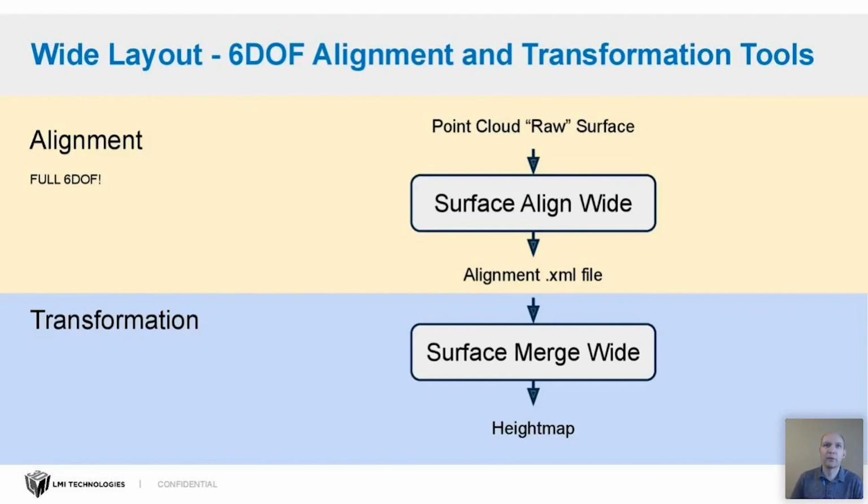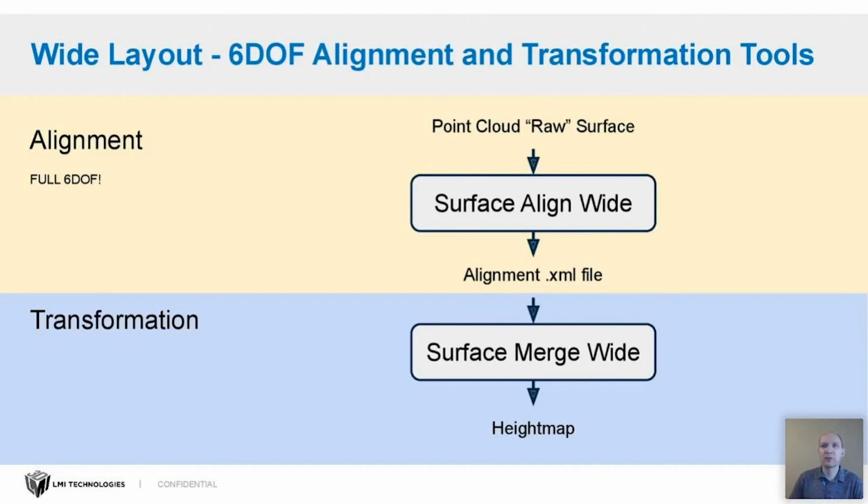And of course, this is all 6 degrees of freedom and stored for you on your PC. Then you load that XML file to configure the Surface Merge Wide tool, and this performs the transformation for you.